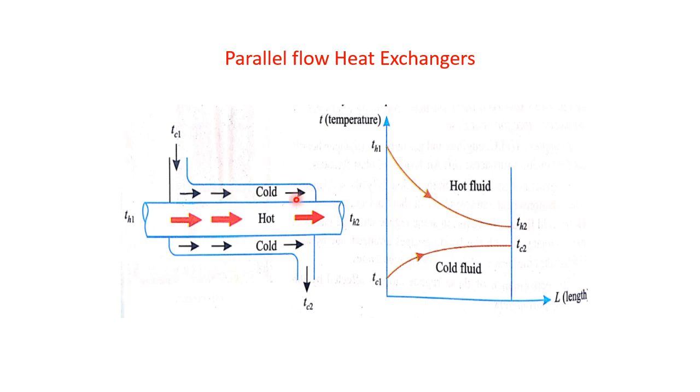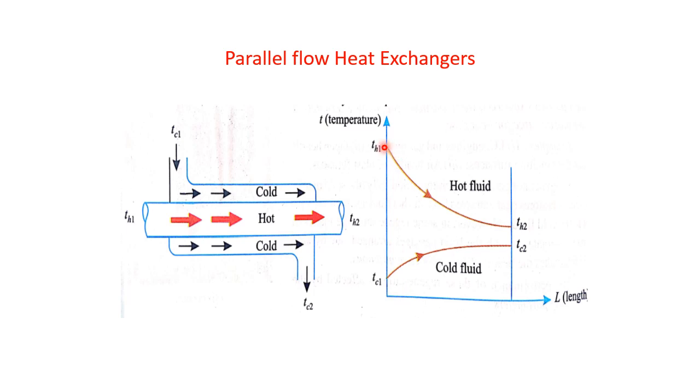We can explain more with the help of this graph. On the y-axis, the temperatures of the fluids are plotted, and this is the length of the heat exchanger. You can see here TH1. When the fluid is entering the heat exchanger, it has the high temperature, so it is plotted here.